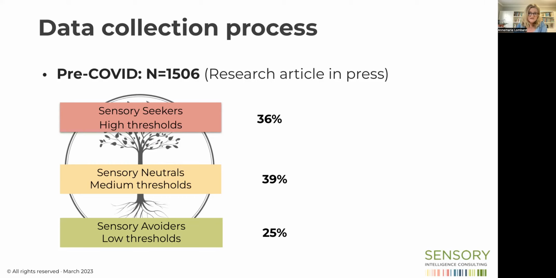But this is what we've seen in this particular data. 36% of people are sensory seekers, high thresholds, 25% of people low threshold, sensory avoiders, and then 39% of people sensory neutrals, which is our medium thresholds. Now, this 25% at the bottom is quite well aligned with industry benchmarking, industry data, and I'm referring to psychology, occupational therapy.